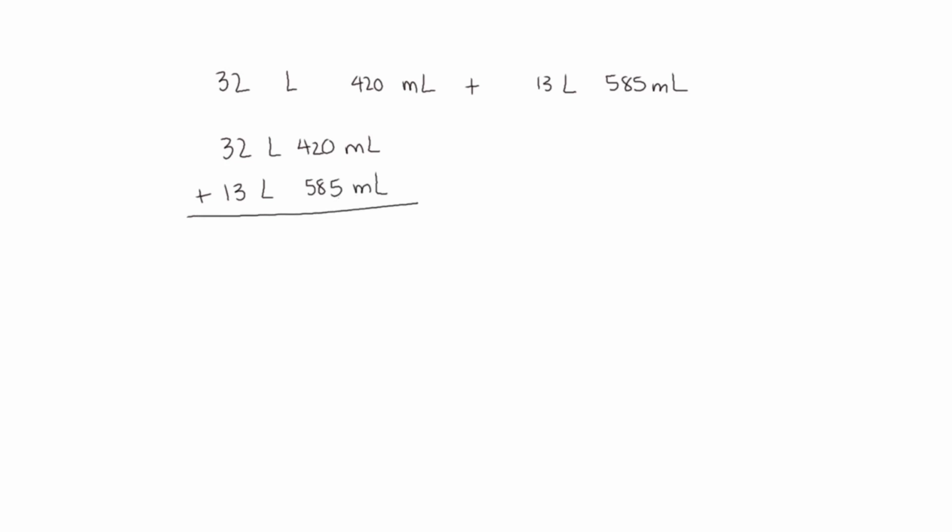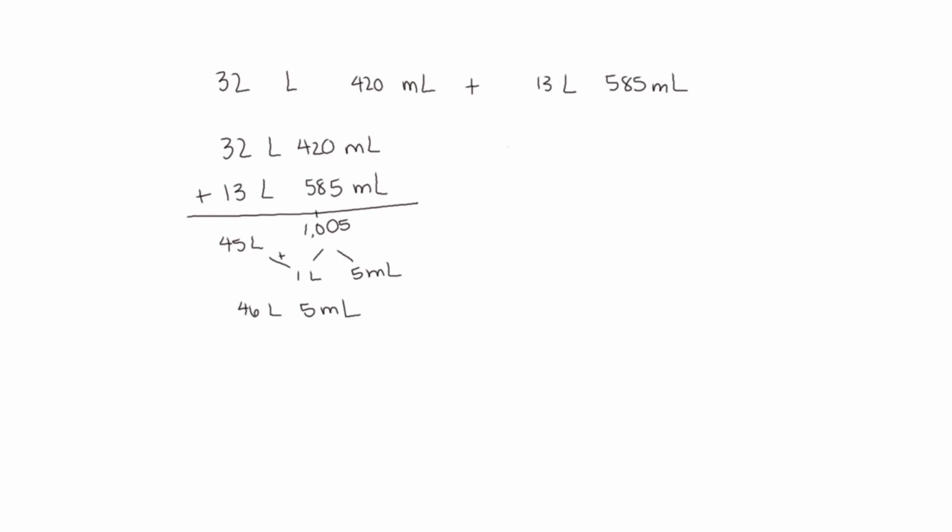So if we add the milliliters first, we get 1,005. We know this is equal to 1 liter and 5 milliliters. If we add the liter side, we get 45 plus the 1. We end up with 46 liters, 5 milliliters.